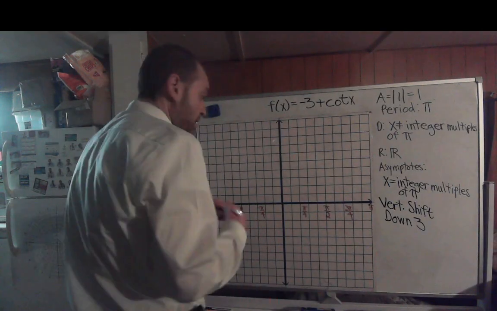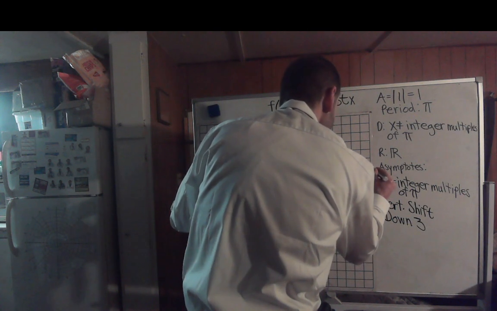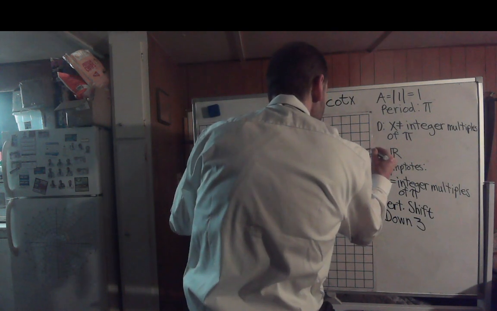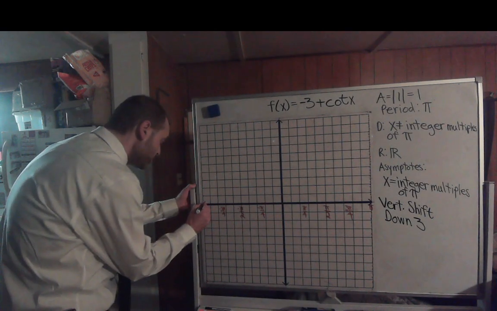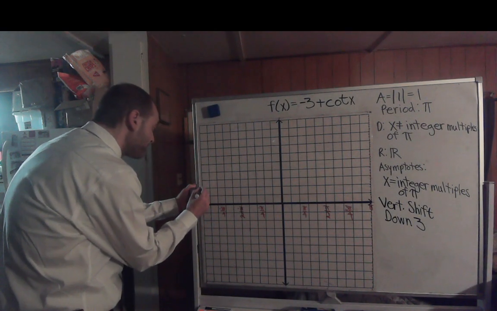Alright, so asymptotes at pi, we already got one at 0. That's just going to be the y-axis. It's kind of hard to draw over that with that blue. And then we'll have a vertical asymptote at negative pi.